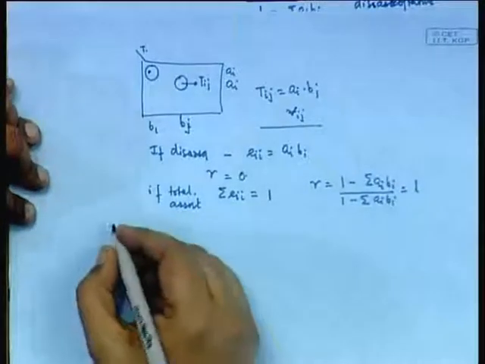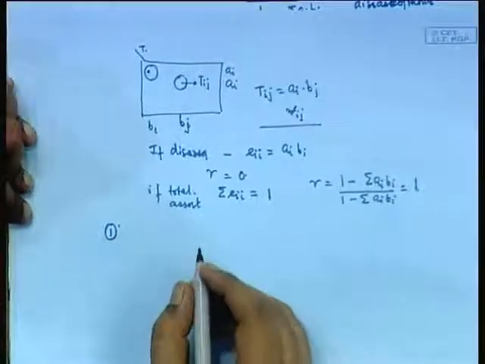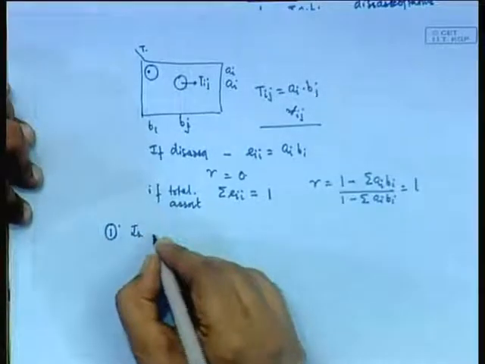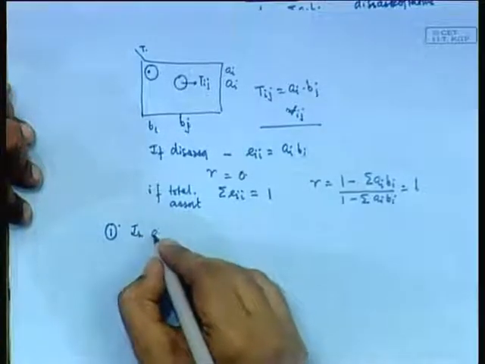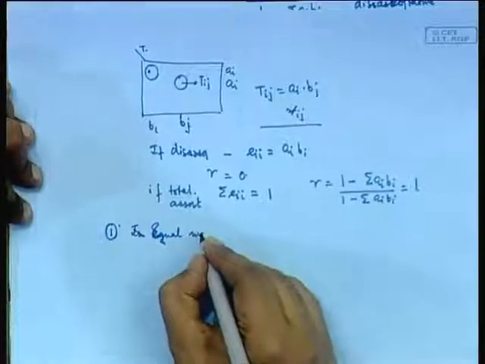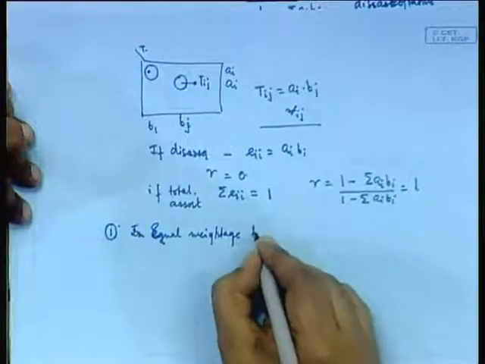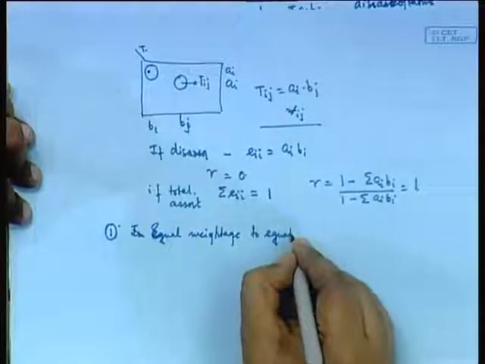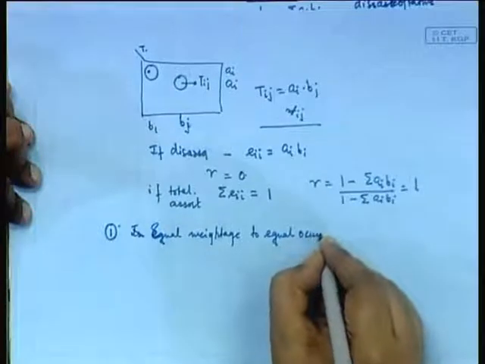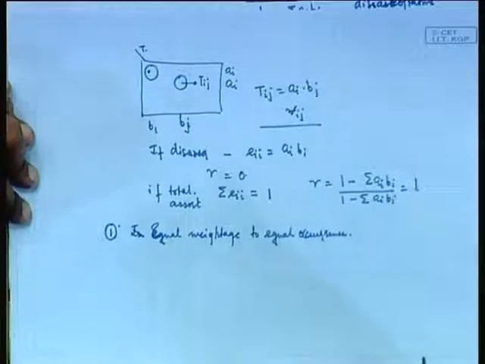And what are the two problems which we discussed last class? One is that equal weightage should be given to equal occurrence. If I have occurred many times, I should get more weightage, and if I have occurred fewer times, I should get less weightage.